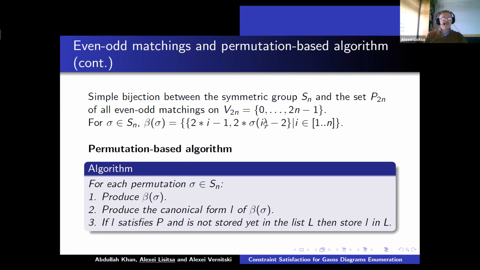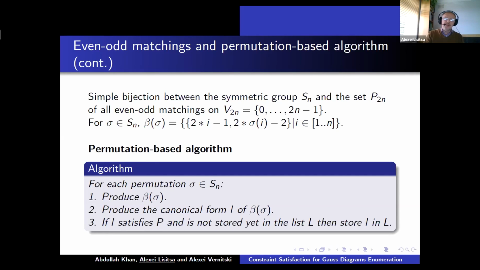By applying this bijection, you receive an even odd matching, but then you need to produce a canonical form, because among several even odd matchings you may have equivalent ones. So you must reduce them to some canonical form, and that is implemented in a, I would say, more or less straightforward manner. There is no deep mathematics behind it.